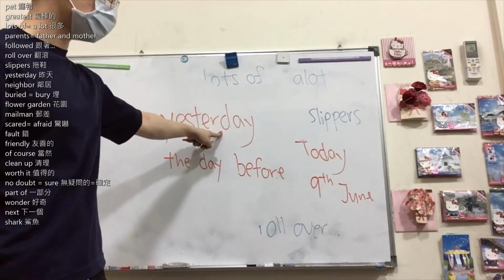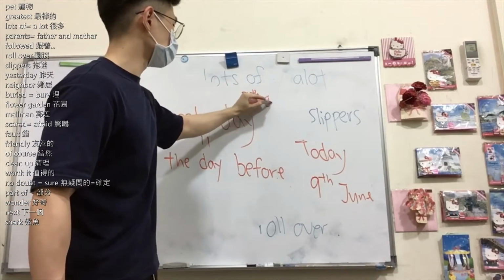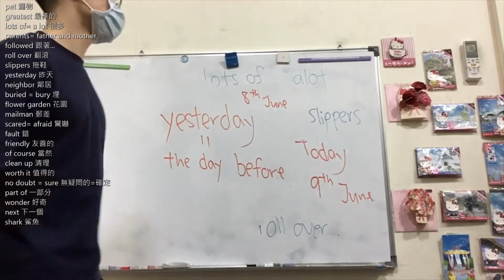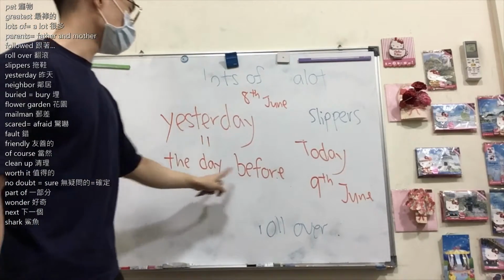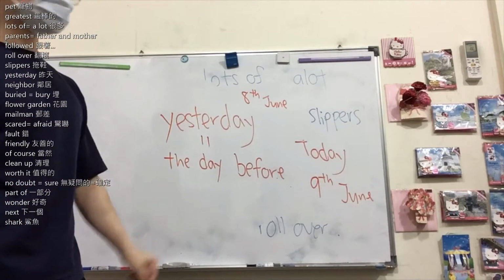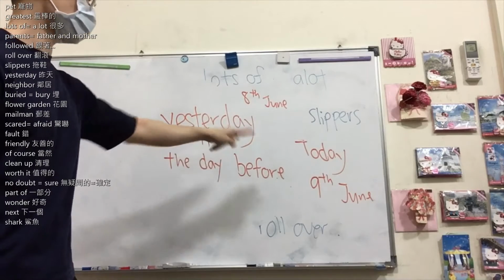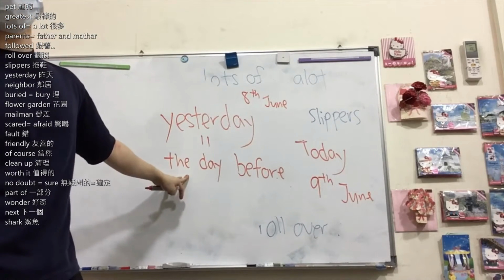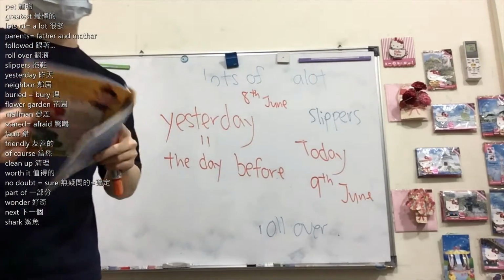Yesterday will be the 8th of June, right? Yesterday will be the 8th of June. Alright? We can also say that the day before is the 8th of June. So this is how you can utilize the word yesterday, today, or the day before. Okay, so far so good, right? Quite easy, right?